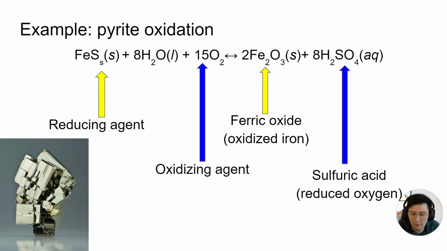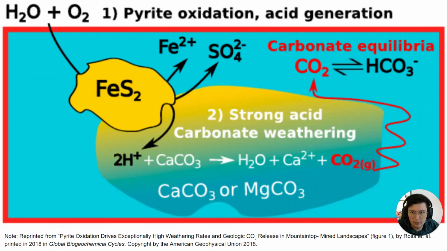This is a very important weathering reaction because, as you can see here, acid is one of the products of this reaction, and then that can go on to increase the weathering of carbonates. So here is a figure from one of Matt Ross's papers. It's a conceptual diagram showing just exactly what I had just gone through.